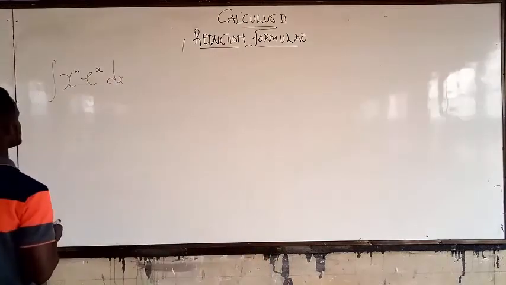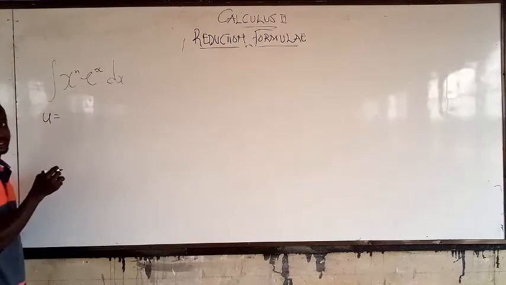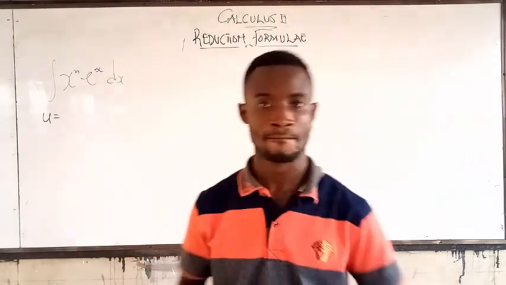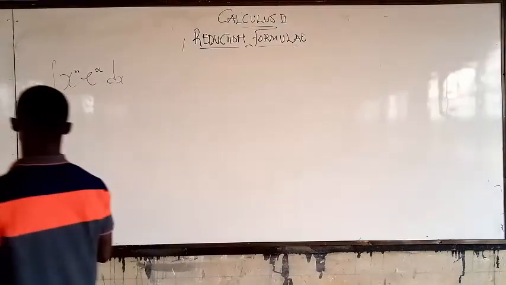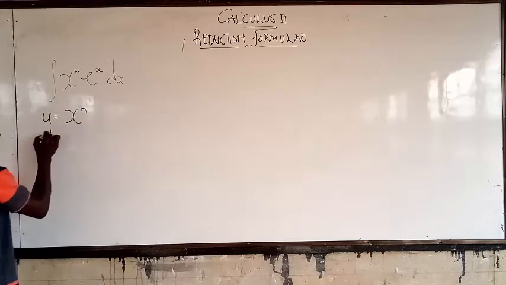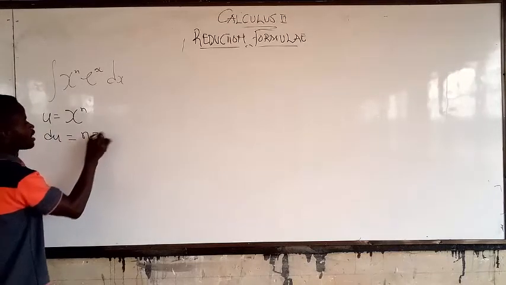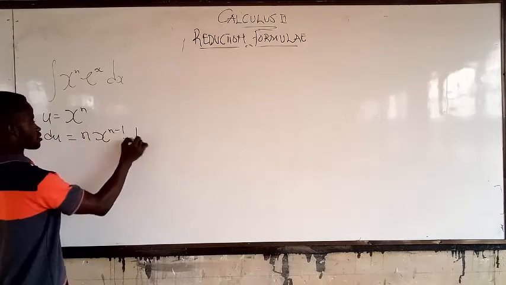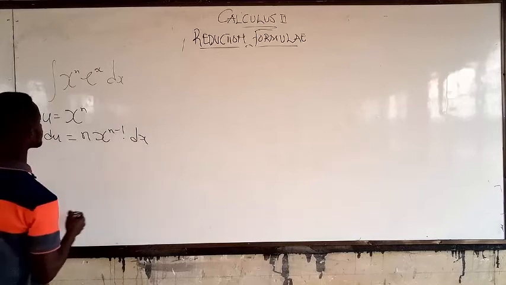So here, in the same way as how we do integration by parts, we know that our u is going to be x to the power n. So du is going to be n x to the power n minus 1 dx.